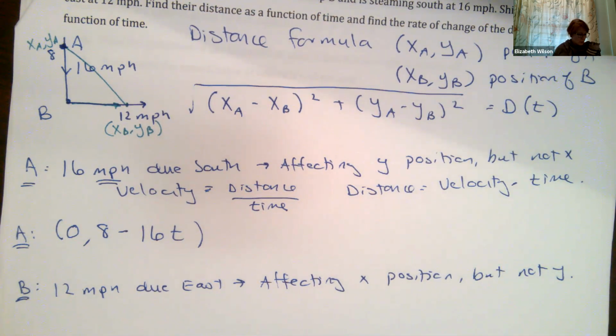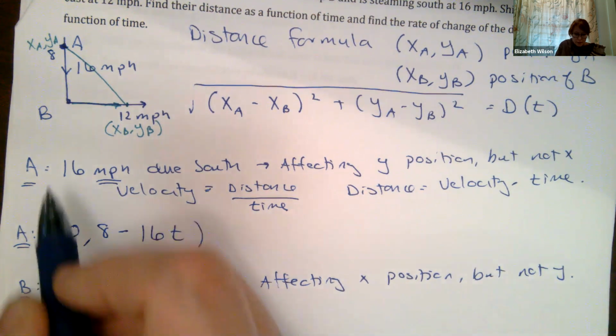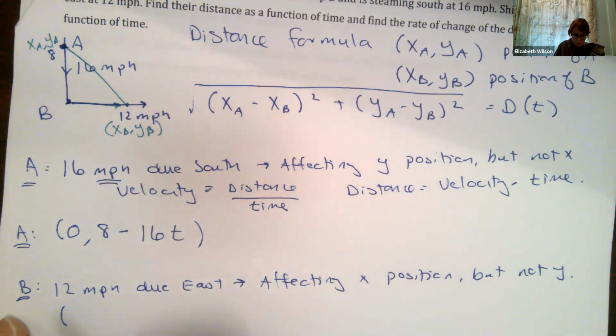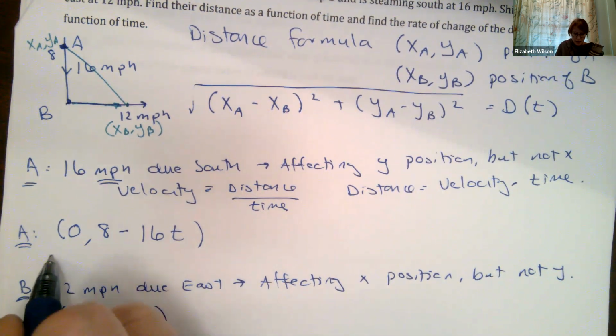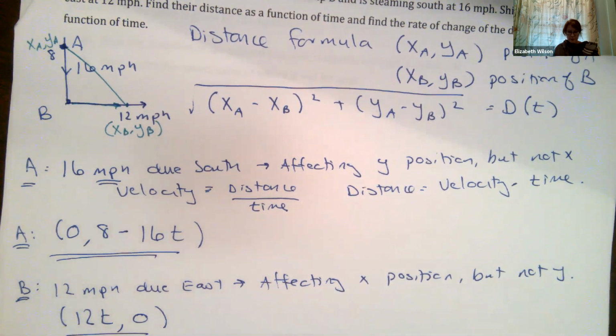Okay, so now what I want to think about, right, this is 12 miles per hour, so I'm going to go velocity times time. I start off at 0, right, so this is going to be 12 times time, and then I'm not going anywhere in the y position on B. Okay, so here's A, and then here's B.